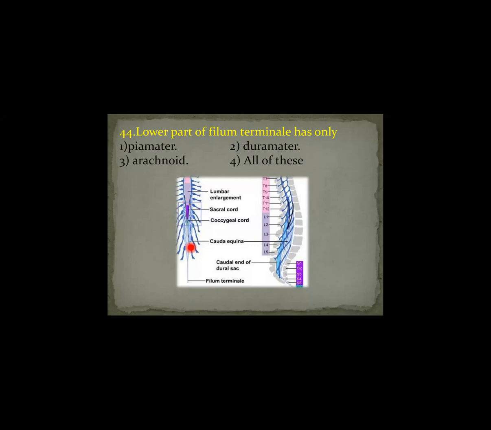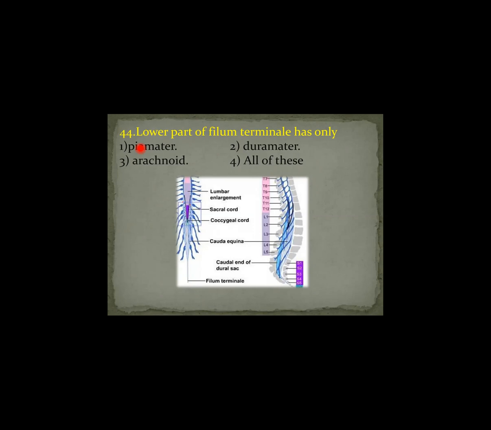And a filamentous structure continues up to the coccygeal region. A filamentous structure continues from the end of the spinal cord, which we call filum terminale. This filum terminale is the extension of pia mater. As the complete brain is surrounded by three meninges, the spinal cord is also surrounded by the meninges.